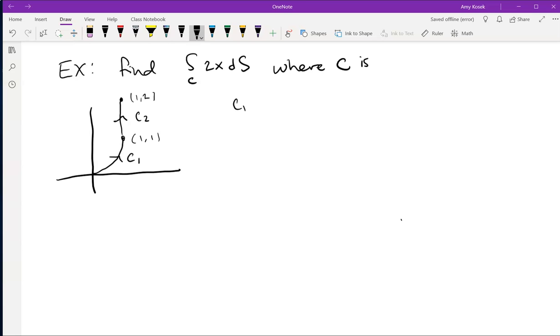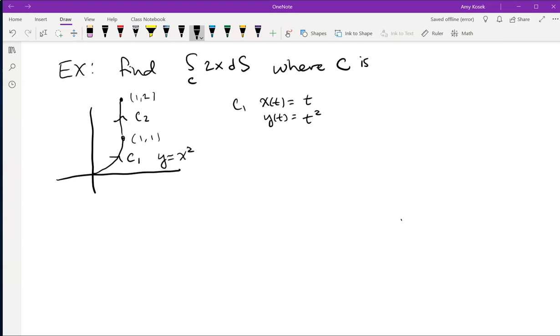So curve 1, we need an x of t and a y of t. It needs to follow that parabola shape. So in rectangular coordinates, this would be y equals x squared. Remember, one of the easiest ways to do this is to let x be our parameter and then let y be the function in terms of x, which is now t.